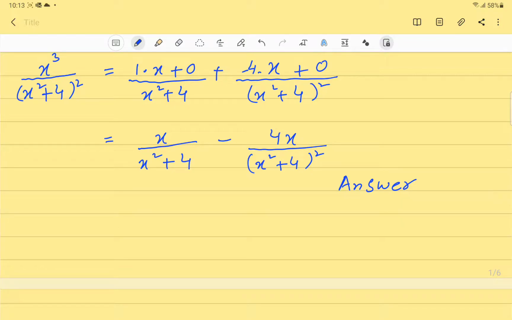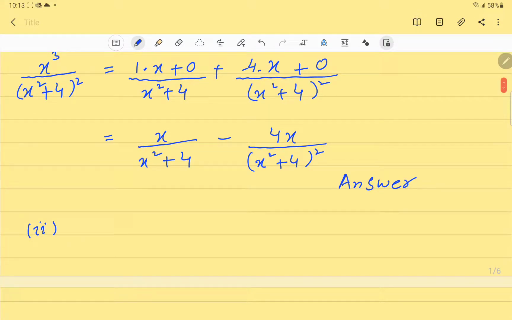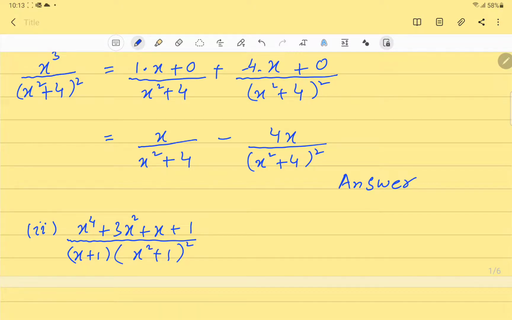The second question is x to the power 4 plus 3 into x raised to power 2 plus x plus 1 over x plus 1 into x squared plus 1 whole squared.